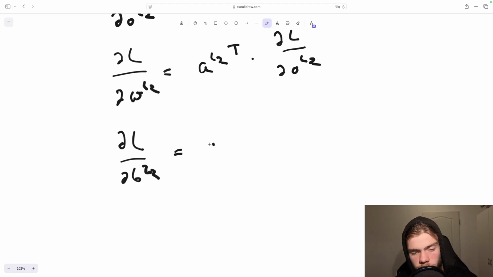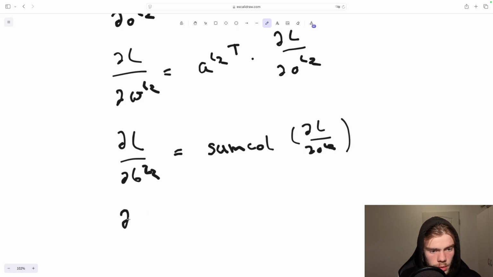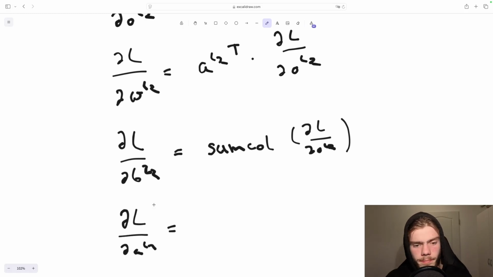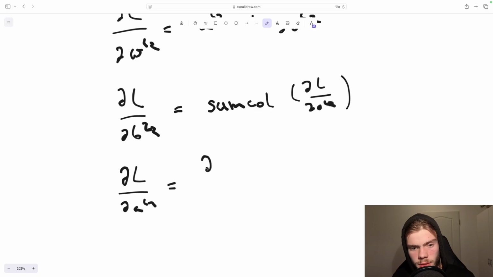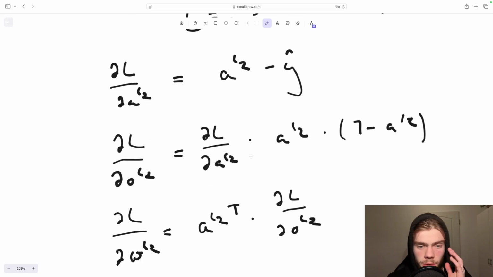There we said this is the column-wise sum of the derivative of the loss with respect to the output of layer 2. Then we also need the derivative of the loss with respect to the activations of layer 1. There we said this is equal to the derivative of the loss with respect to the output of layer 2 times the weights of layer 2 transposed. So this is the backward propagation for the second layer.